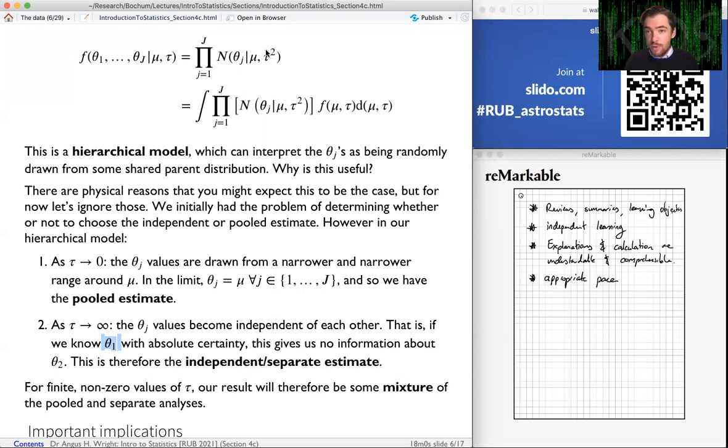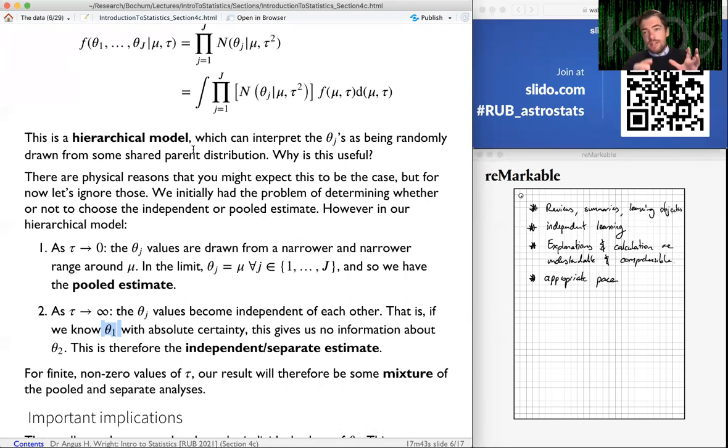I'm taking a sample from a uniform distribution, and when I observe one value from a uniform distribution, it doesn't tell me anything other than that this value is possible, right? And so the independent estimate is also a subset of this model.